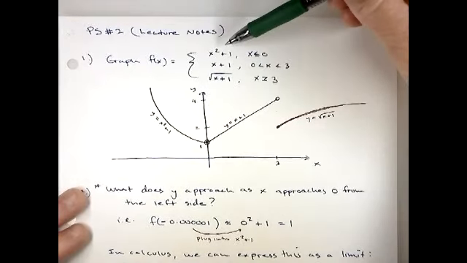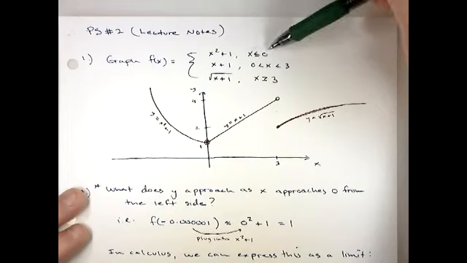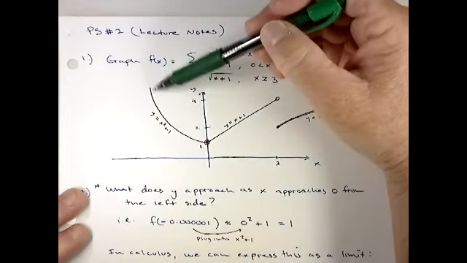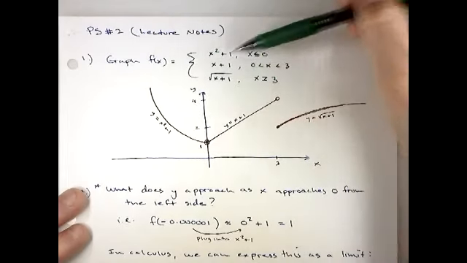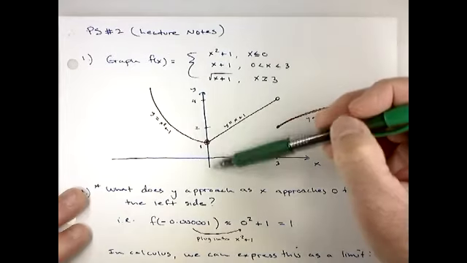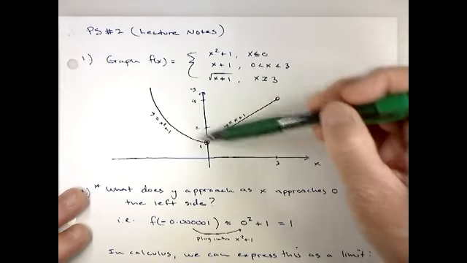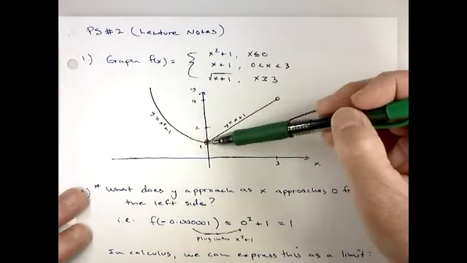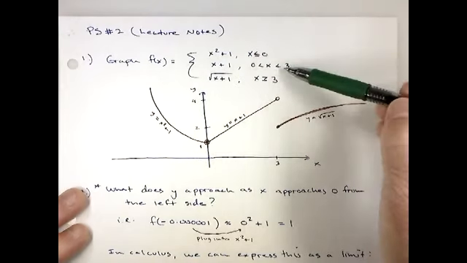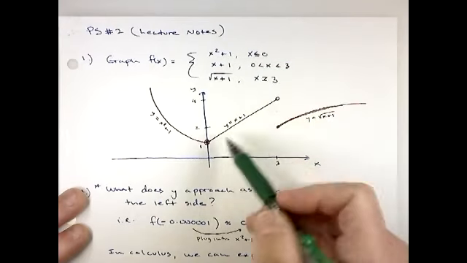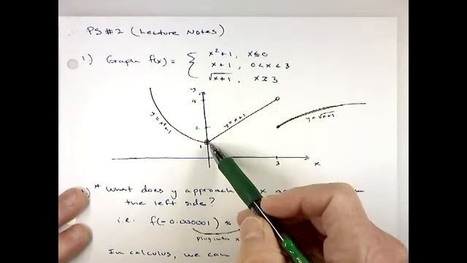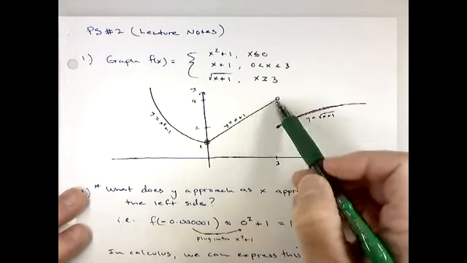So here we have the piecewise function made up of x squared plus 1 when x is less than or equal to 0. That would be a parabola shifted up 1. Notice I'm only graphing it when x is less than or equal to 0, so it's only going to be the left half of the parabola. From 0 to 3, we're graphing the line y equals x plus 1, which has a y-intercept of 1 and a slope of 1.